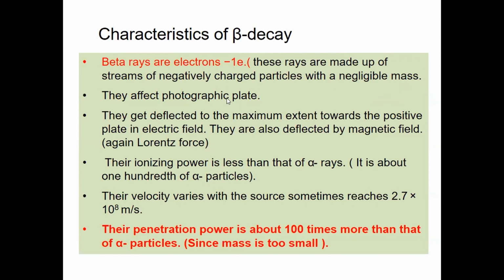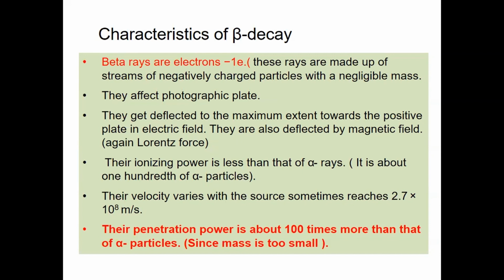They do affect the photographic plate. They get deflected to maximum extent towards the positive plate when electric field is applied. They are also deflected under the influence of magnetic field, and again, Lorentz force acts on them.